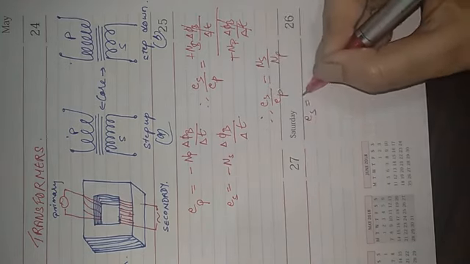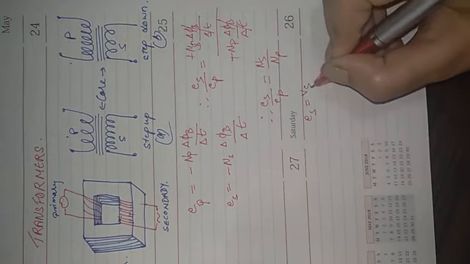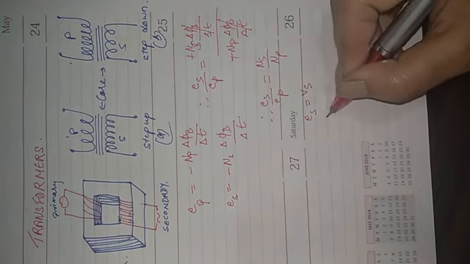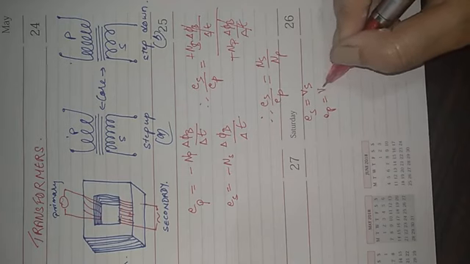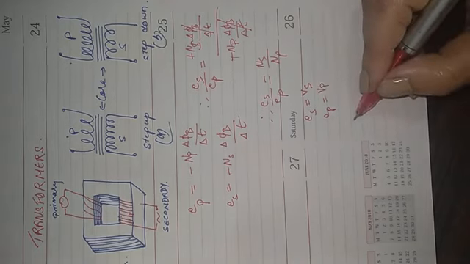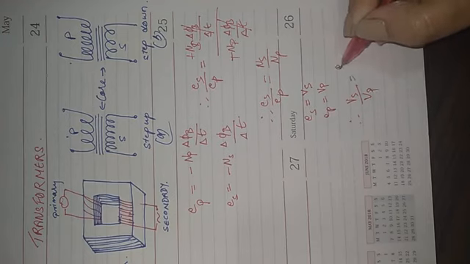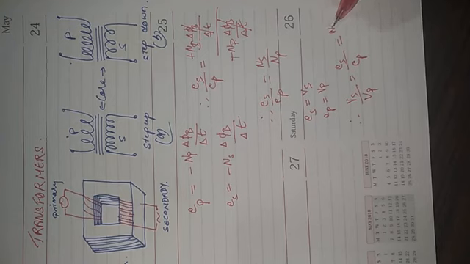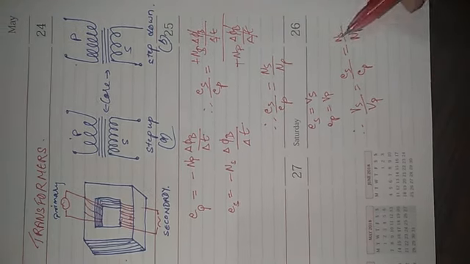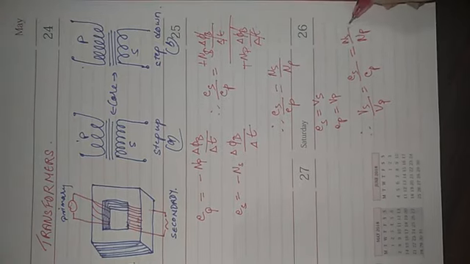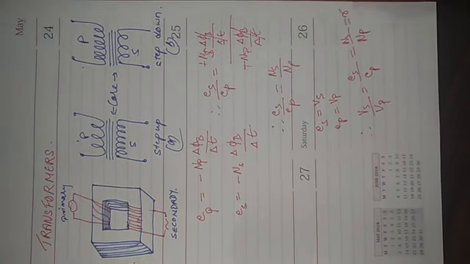ES will be equal to the voltage across the secondary coil and EP will be equal to the voltage across the primary coil. Therefore, Vs by Vp is equal to Es by Ep, which is again equal to Ns by Np. This is under ideal condition, which is equal to R. Now this R is called the transformation ratio.